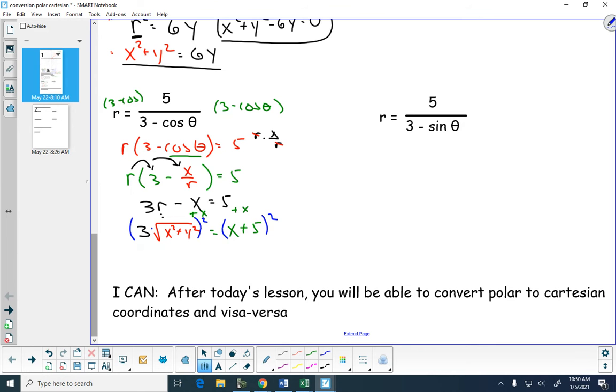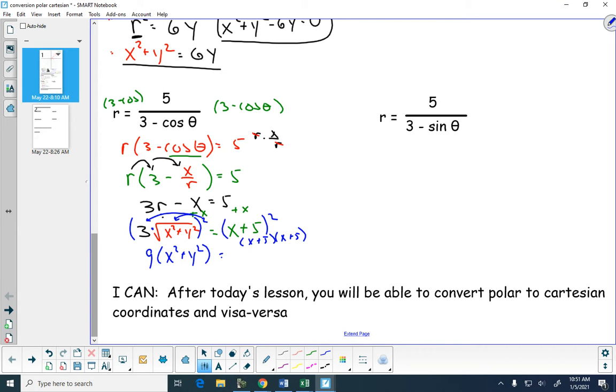We have multiplication over here and addition over here. When I have multiplication, we distribute over the multiplication. So we have 9 times x squared plus y squared. Over on the right-hand side, we have to take x plus 5 and multiply it by x plus 5.